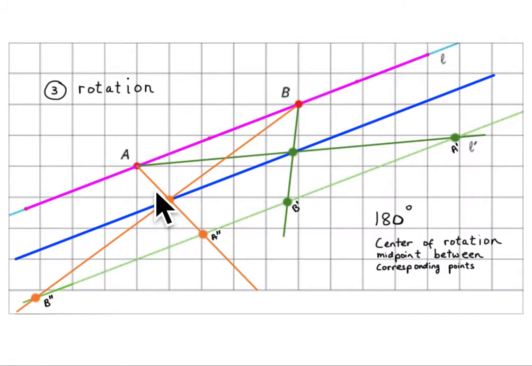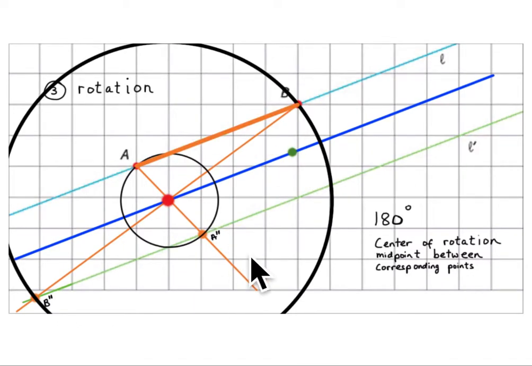Just to prove the point, I'm going to choose a different center of rotation. I'm just going to move it down a little bit and place A double prime here and B double prime here. So you connect those two corresponding points, and the center of rotation is going to be the midpoint between them. Actually, let's look at just this one. So I'm going to draw the circles around which the points are going to rotate.